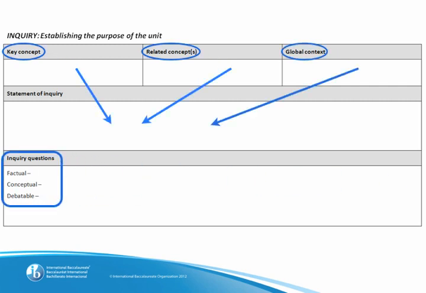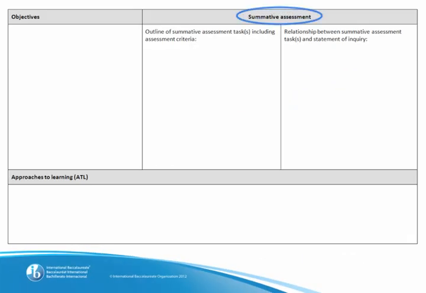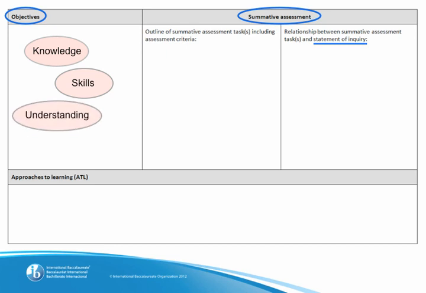In this section, we also consider and design a summative assessment which allows students to explore the statement of inquiry and demonstrate the achievement of the objectives identified for the unit. This achievement will demonstrate the knowledge, skills, and understanding developed throughout the unit. These skills may manifest as approaches to learning skills, ATL, or subject-specific skills. Let's look at each element in more detail.